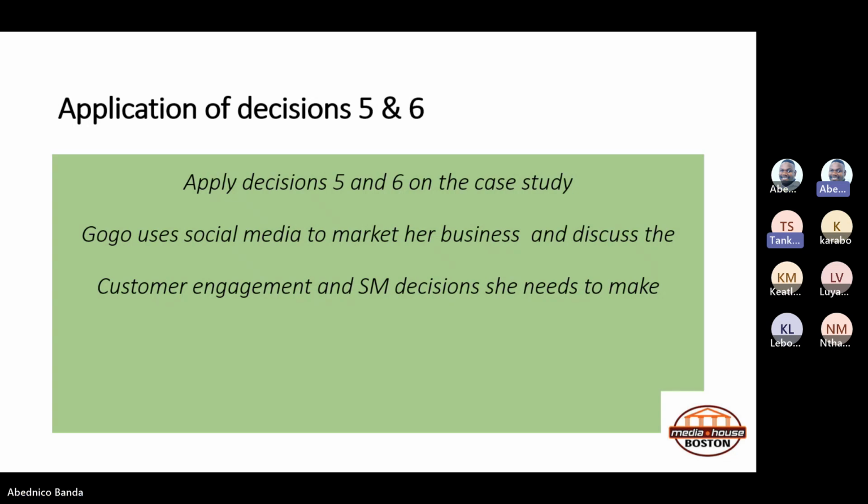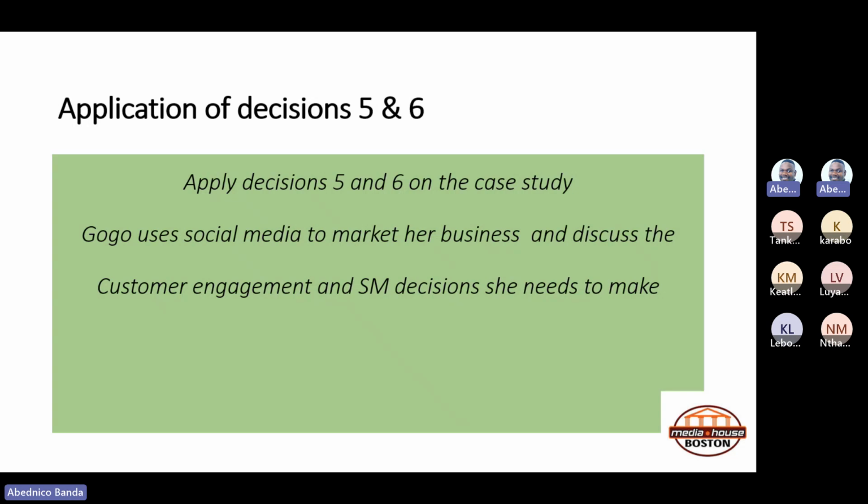So, guys, I like the fact that you know what you are talking about and you have learned a lot. You know that there is offline engagement, you know that there is online engagement. So here, there are two things that we need to consider for this case study. Firstly, we need to consider Gogo and her business. Is she an SME?